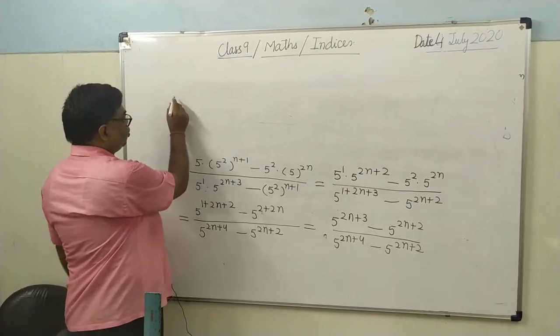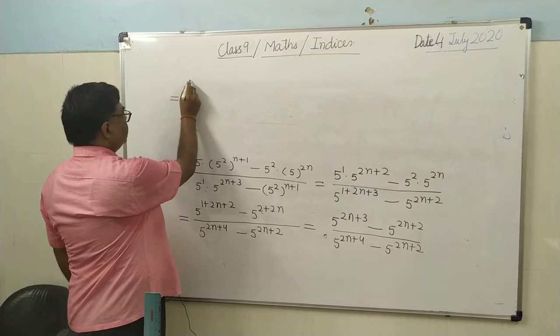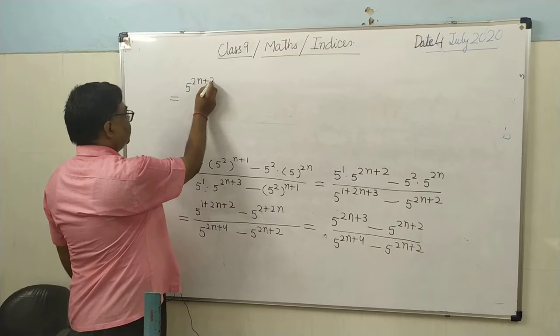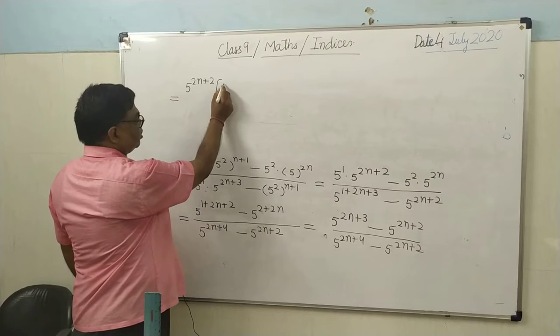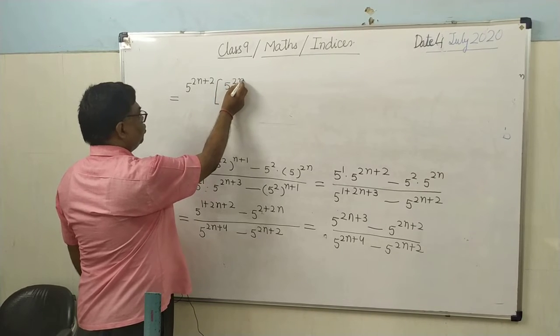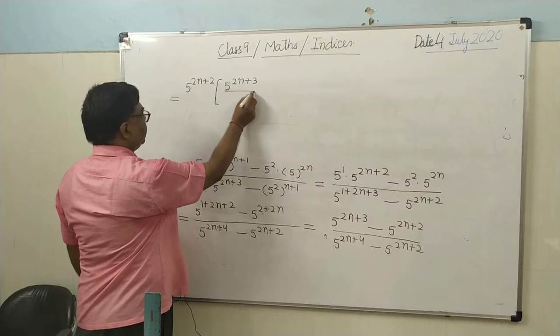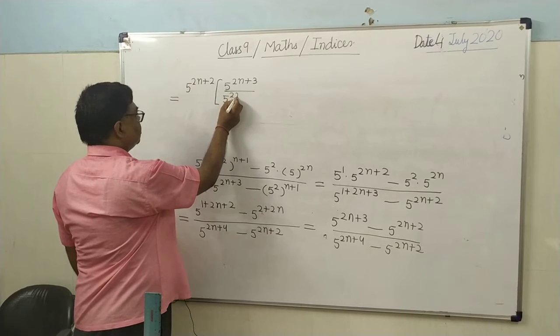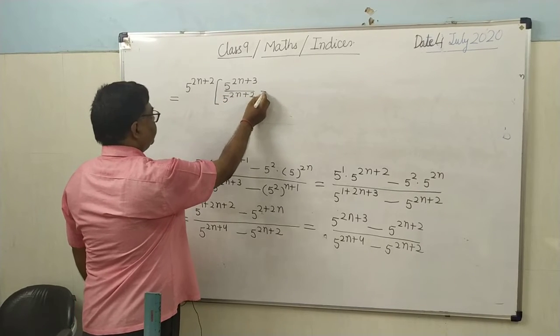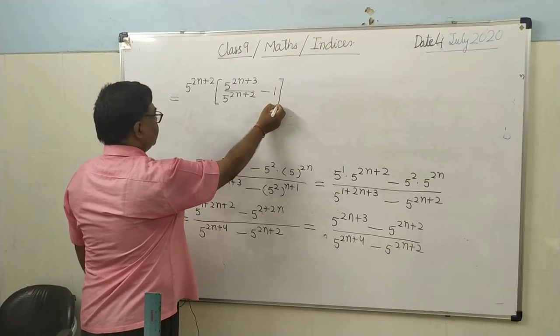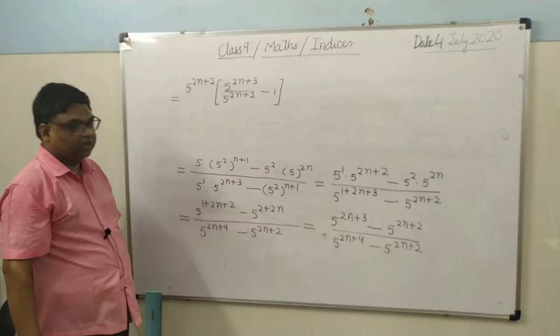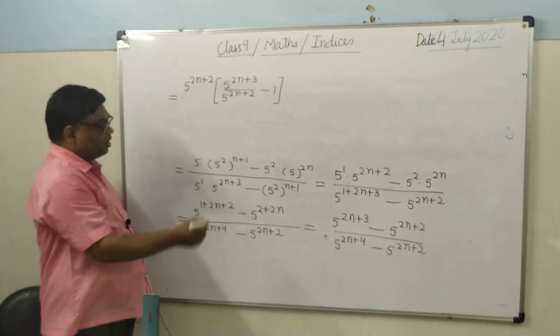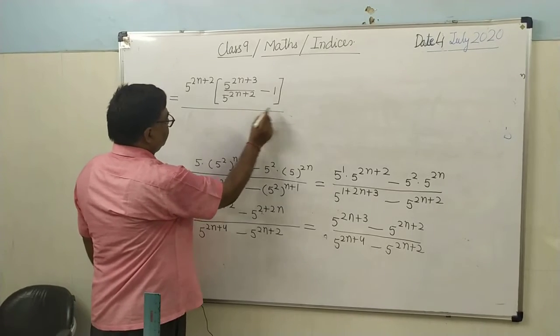When you take out 2n plus 2 power common, it will be equal to 5 to the power 2n plus 3, divided by, minus 1. Minus 1. It's clear? Similarly, in the denominator, what is the lowest power?